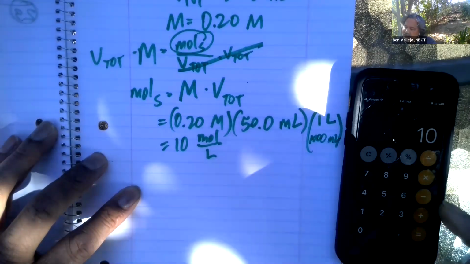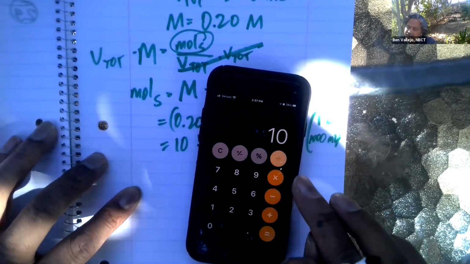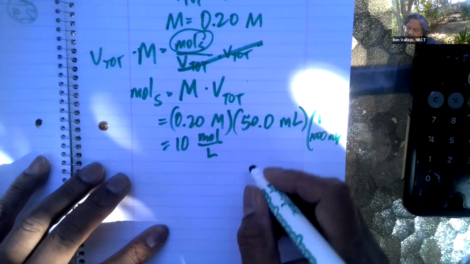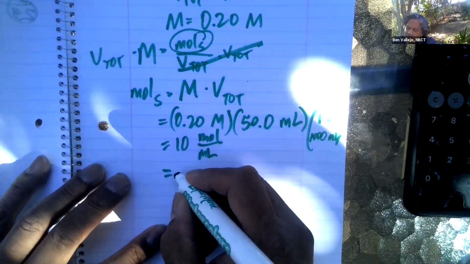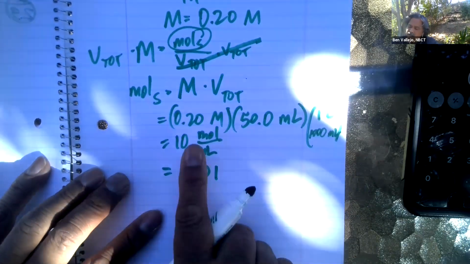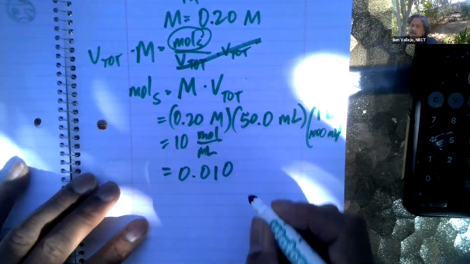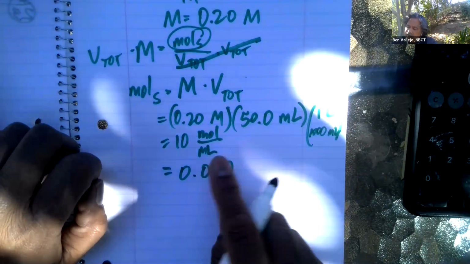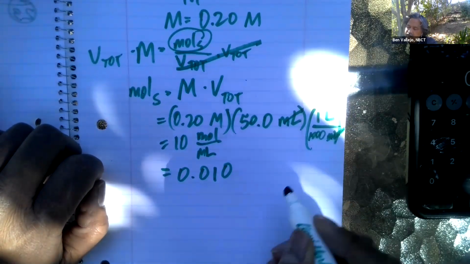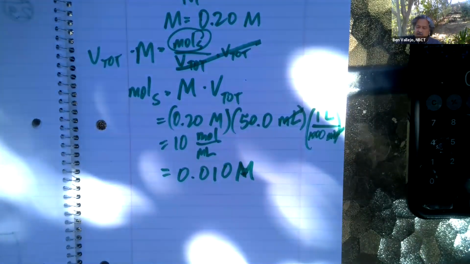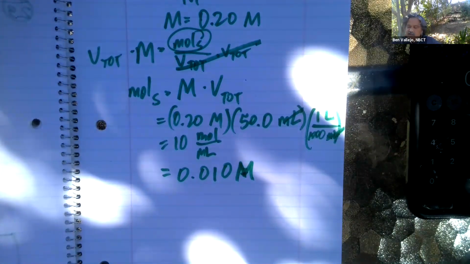Okay, so we divide this by 1,000. You get the answer is 0.012, sig fig, 0.01 moles per liter now, right? And so moles per liter is a capital M. So there is our answer.